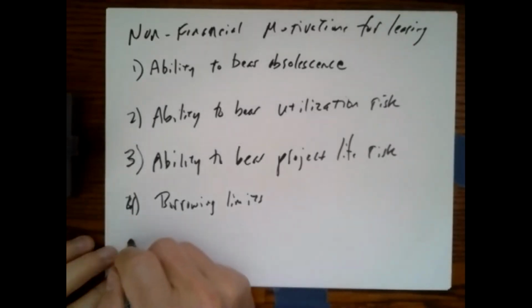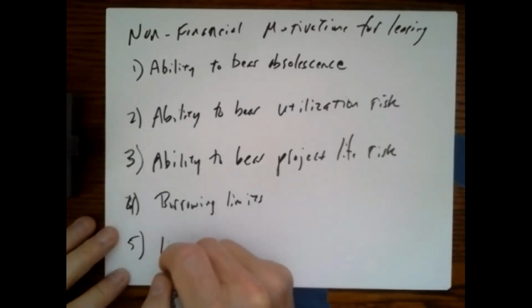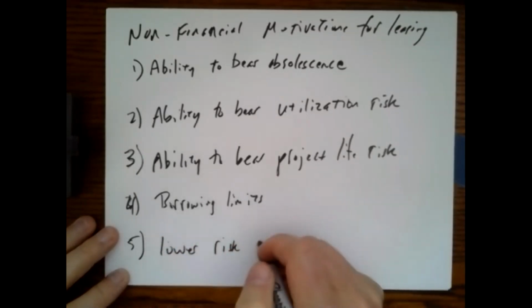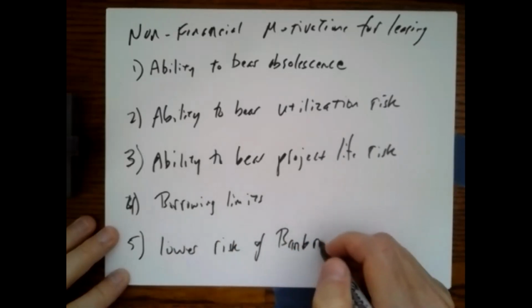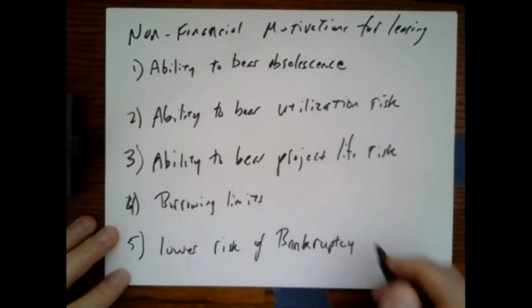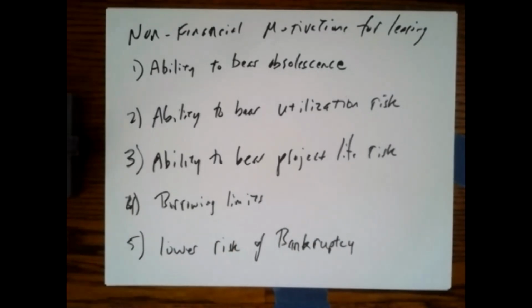All right, and the fifth one is lower risk of bankruptcy. Instead of favoring the lessee, the person or organization leasing the equipment, as all of the others did, this one favors the lessor. Why is that?